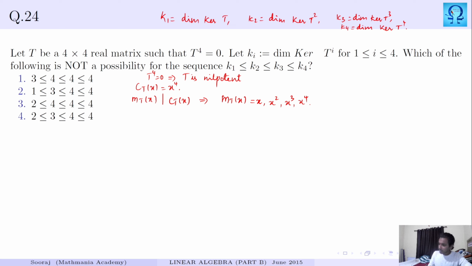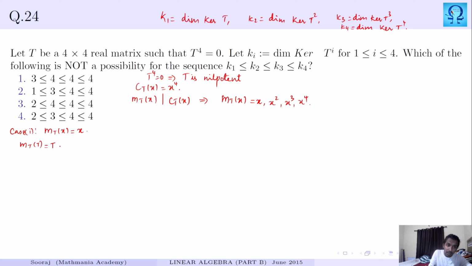First of all, let us consider the case when the minimal polynomial has the chance of being x. It means what? By Cayley Hamilton theorem, the minimal polynomial annihilates the given matrix. So, the minimal polynomial m_T(t) itself is t.